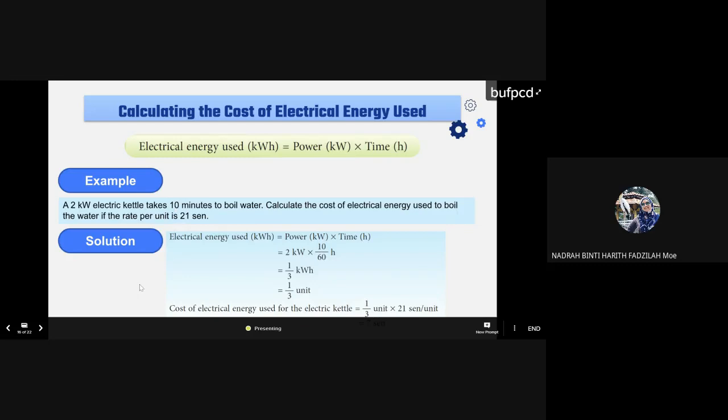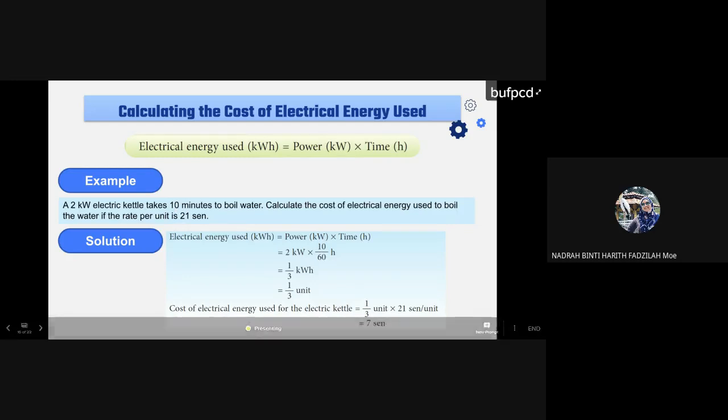For example here, a 2 kilowatt electric kettle takes 10 minutes to boil water. So calculate the cost of electrical energy used to boil water if the rate per unit is 21 sen. Memang sekarang ni Tenaga Nasional dia punya rate dia ialah 21 sen per unit of electrical energy lah.